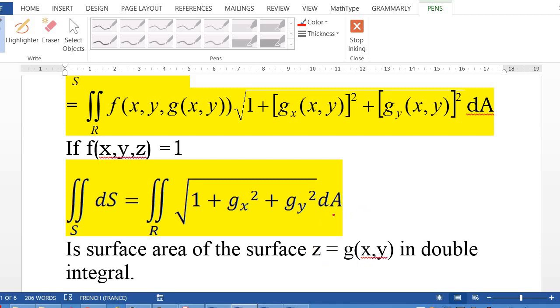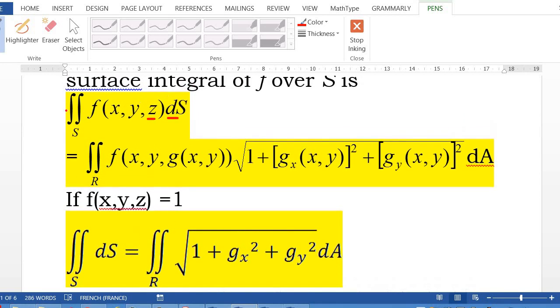But this is in double integral. Now we have the surface integral of f(x,y,z) dS, where dS here is one unit of the surface area of the surface z equals g(x,y).